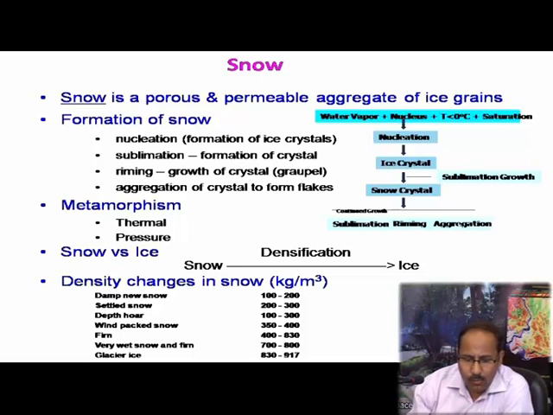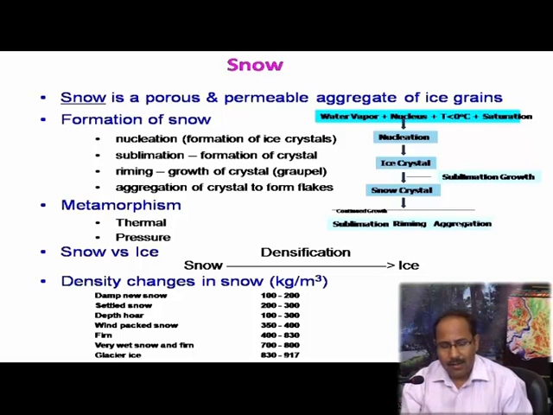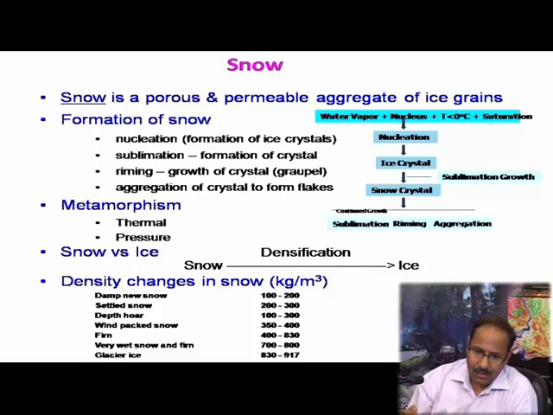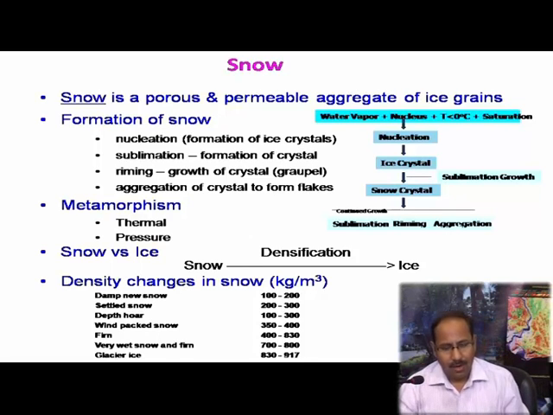Once the snowfall takes place, and on the earth's surface there is the snowpack, metamorphism starts taking place. Metamorphism is basically the change in the shape and size of the snow grains. This metamorphism can be by two methods, either thermal or pressure.